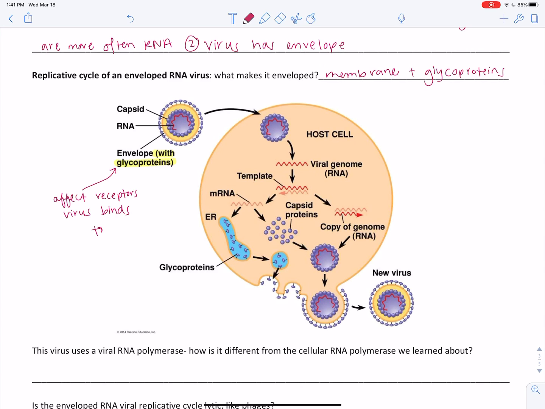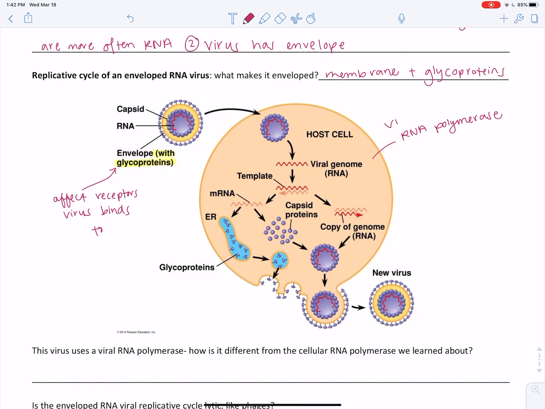So the general thing that the animal virus does is it infects the host cell. It sheds its envelope, usually sometimes merging with the host cell's coating, and the viral genome is now in there. And so the virus comes with something called RNA polymerase. RNA polymerase is different than your RNA polymerase.